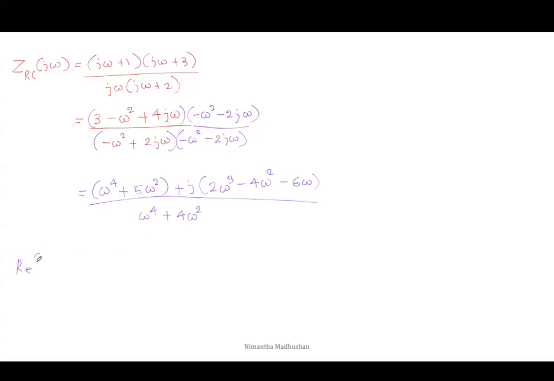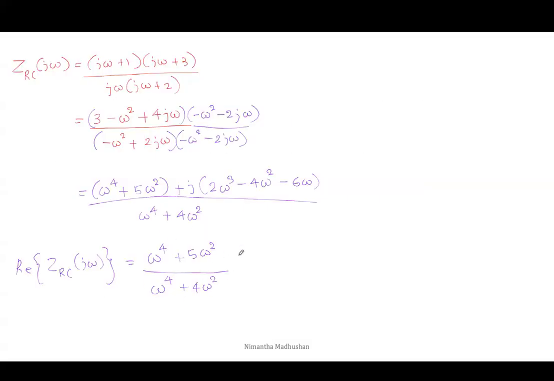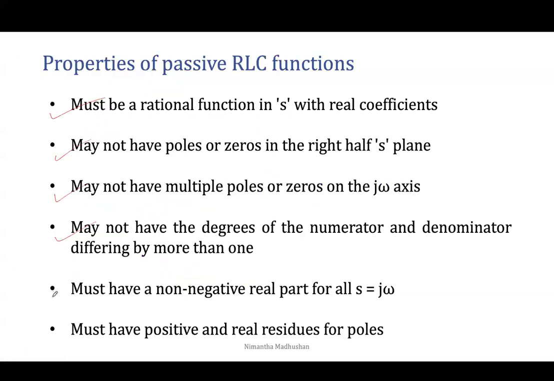The real part of Z_RC(j omega) is omega to the power 4 plus 5 omega squared over omega to the power 4 plus 4 omega squared. This is the real part of the function. It says it must have a non-negative real part. This is non-negative, greater than 0. Then the fifth one is also satisfied.